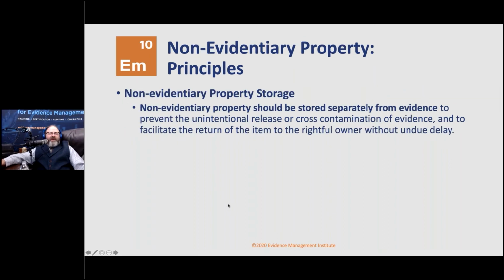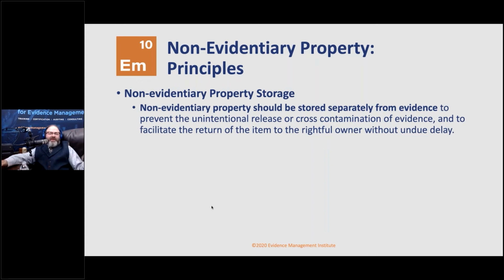So we teach that non-evidentiary property should be stored separately from evidence. There is never a compelling business or forensic reason to store non-evidentiary property with evidentiary property. The possibility of cross-contamination is increased, so let's just keep the stuff separate.